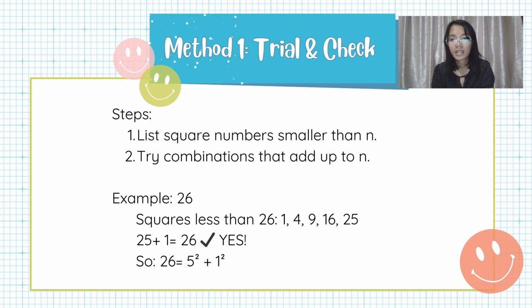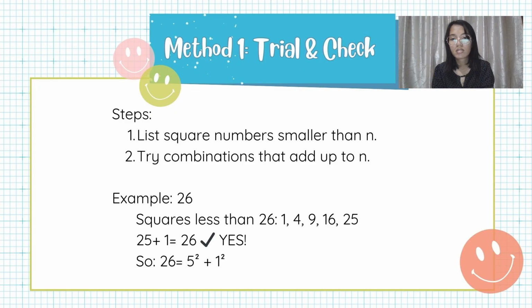So we have here the first method, which is trial and check. Let's try expressing 26 as a sum of two squares. For step 1, list some squares smaller than 26, like 1, 4, 9, 16, and 25.